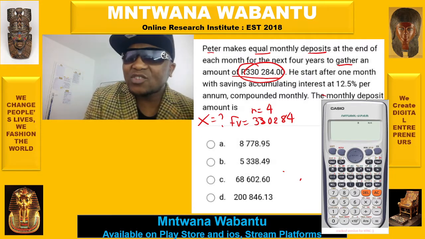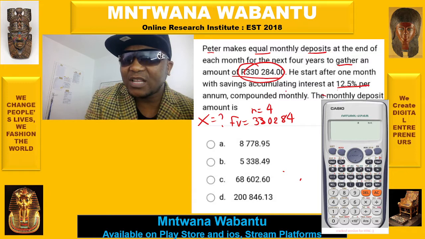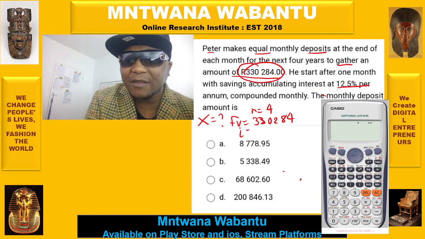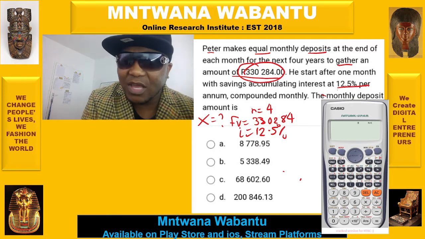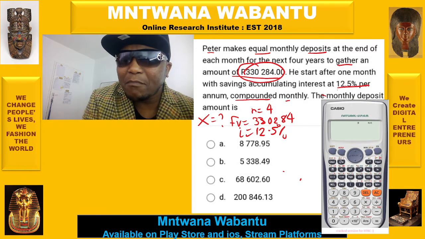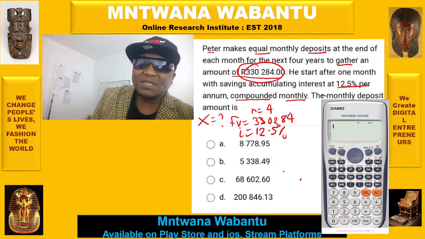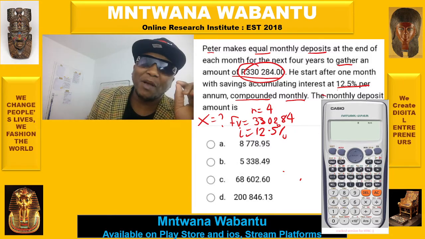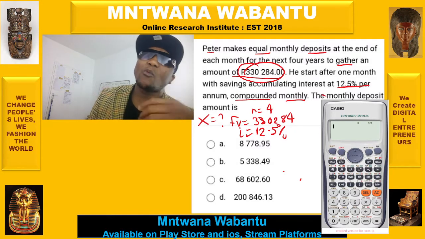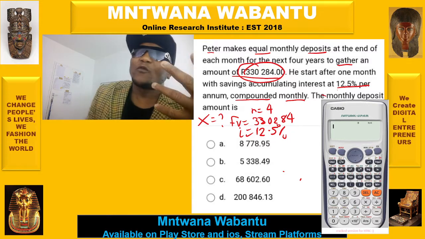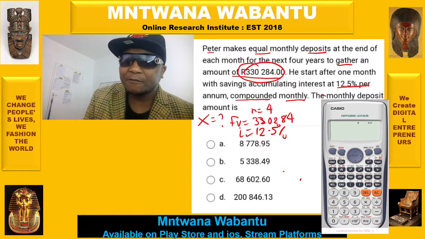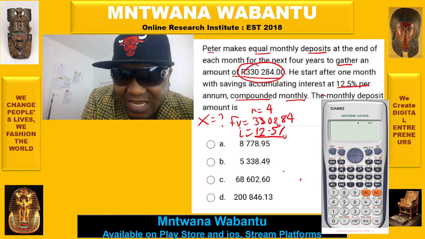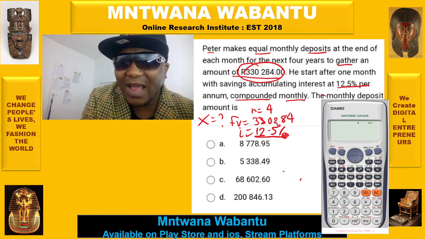The interest rate we have is 12.5%, but they mention here that it was compounded monthly. Sometimes it could be compounded daily, or weekly, however they're going to tell you. Since it was compounded monthly, take your interest rate and divide by how it was compounded.